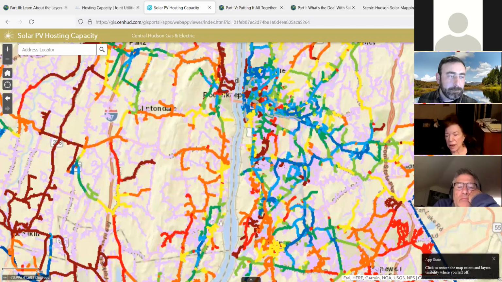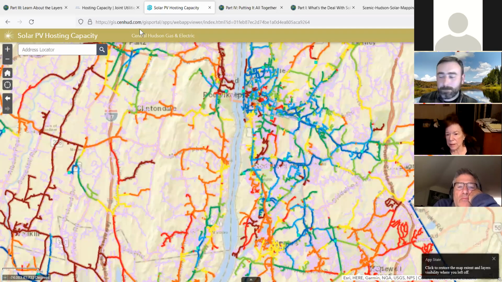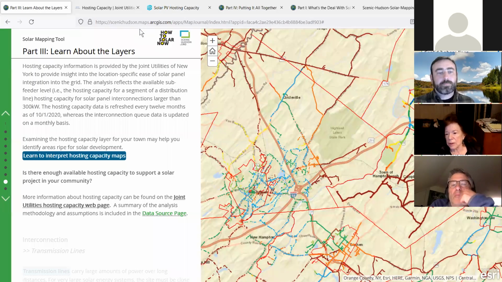In the Town of Olive, a specific project was originally told that there wasn't hosting capacity, but Central Hudson went back and reviewed and updated it, and in that particular project, there was.